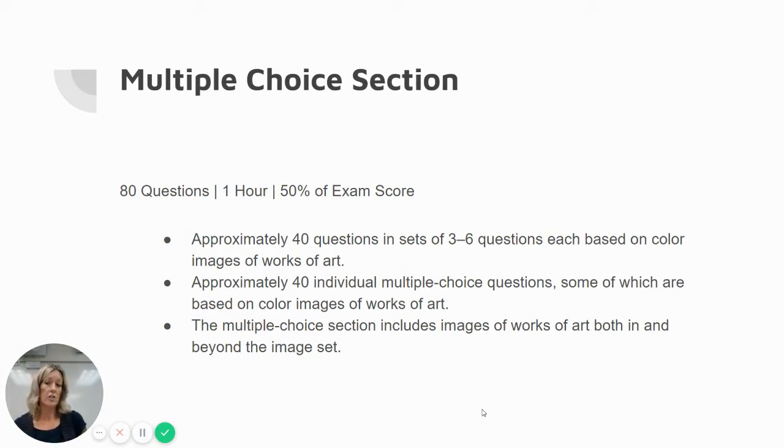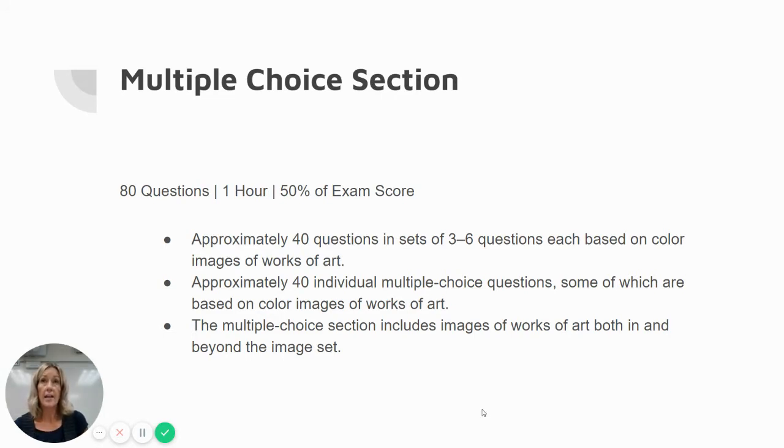Of those 80 questions, they're split in half. 40 of those questions will be in sets of 3 to 6 questions. What they'll have is an image there, and they'll ask you 3 to 6 questions based on that particular image or work of art. The other 40 are just individual, isolated multiple choice questions. Sometimes they'll have a color image that goes with it, but sometimes it's not necessary.